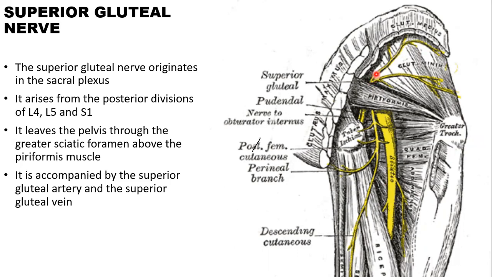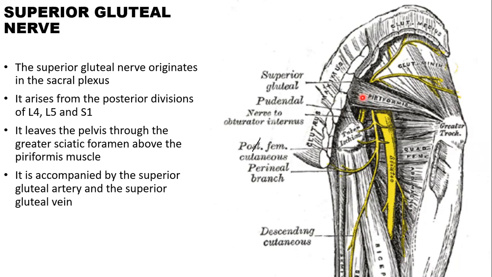This nerve leaves the pelvis through the greater sciatic foramen above the piriformis muscle. This is the piriformis muscle. The nerve that appears above the piriformis is the superior gluteal nerve. The nerve that originates below the piriformis is the inferior gluteal nerve.